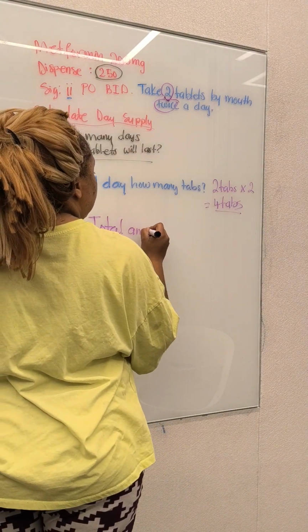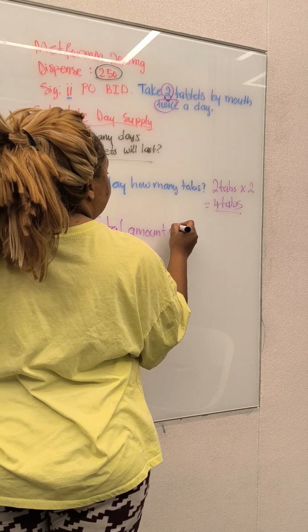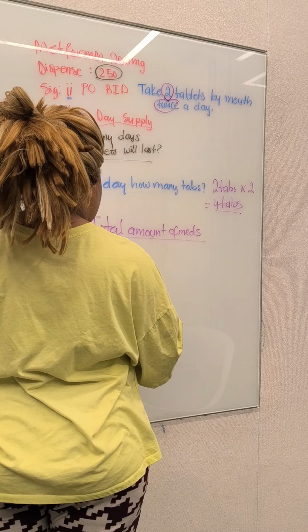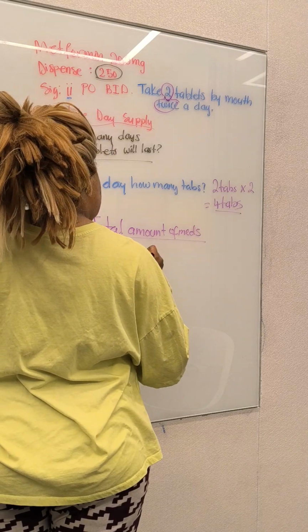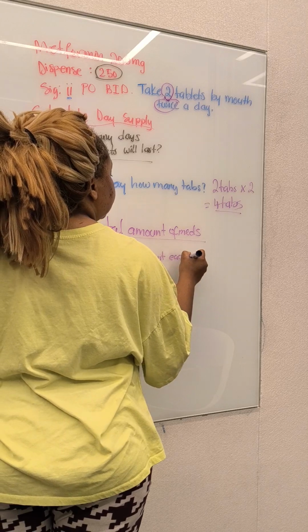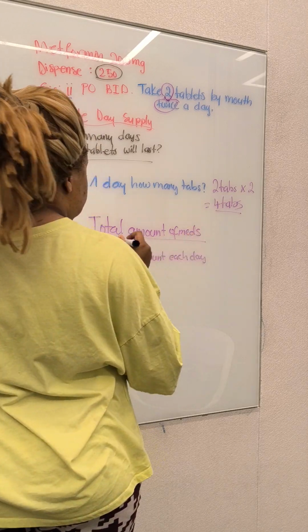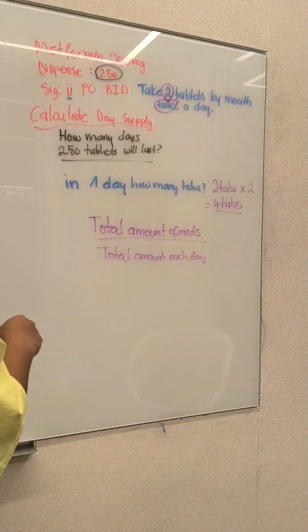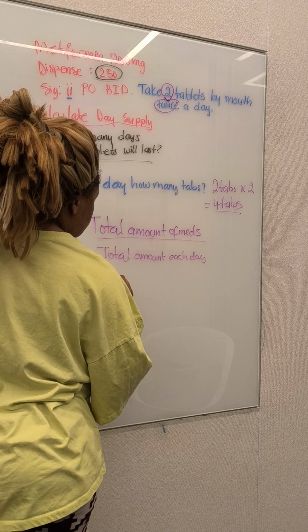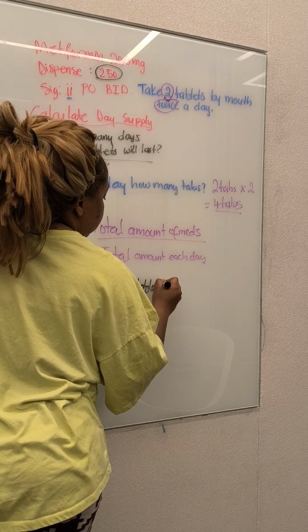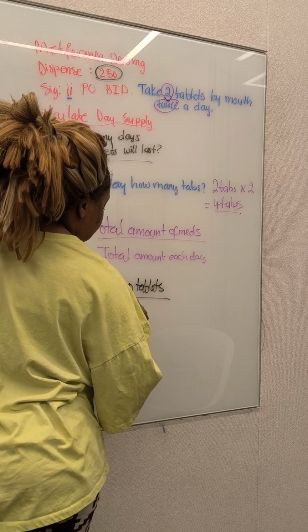Total amount of meds divided by the total amount each day. Now, this is common sense to me. If it's not, that's okay. That's why I'm here. I'm teaching you this. Total amount of meds is what? 250 tablets total. And then he's taking what? 4 tablets a day.